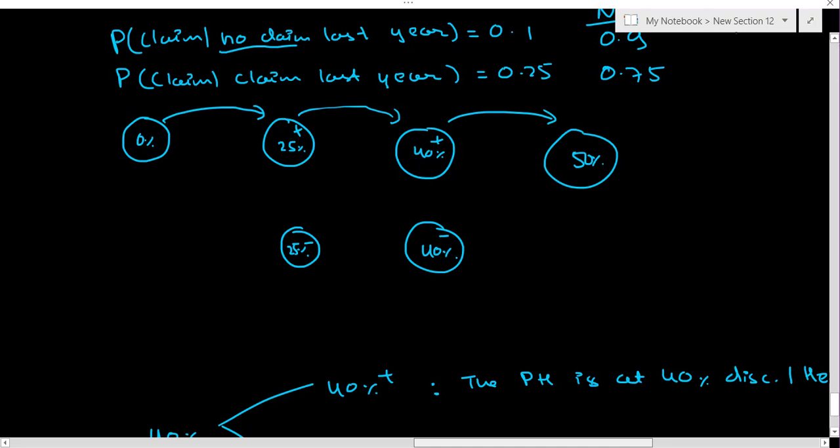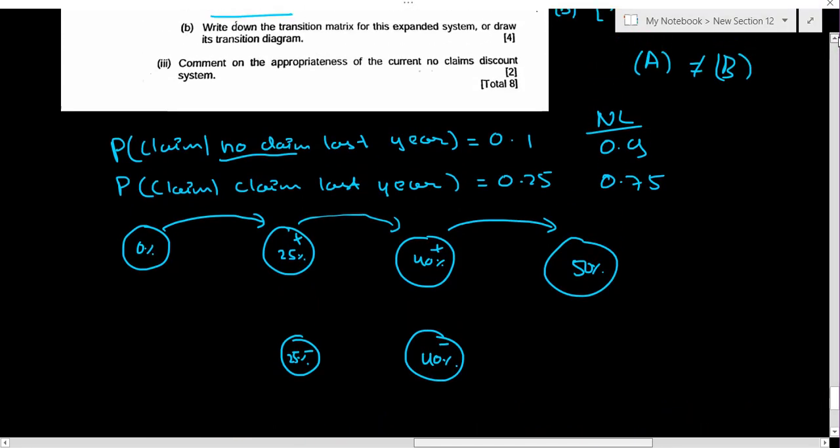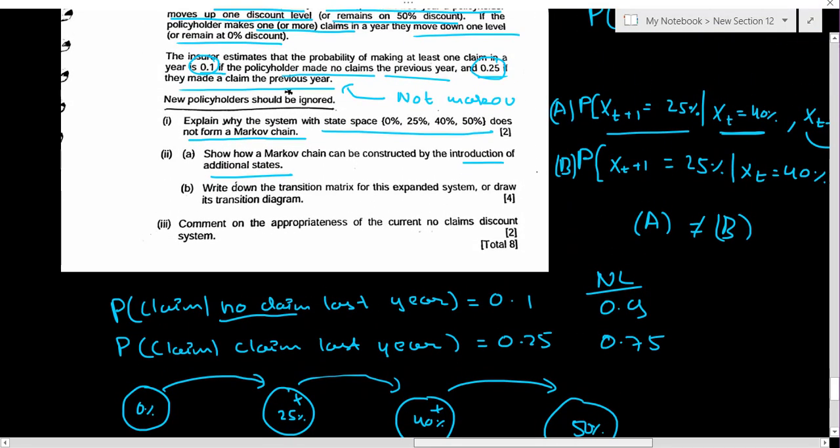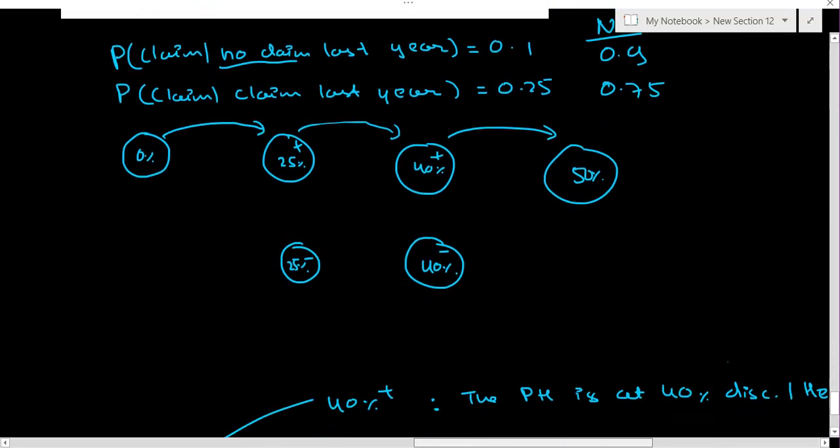Those cases can be ignored here because it is written in the question that new policyholders should be ignored. So if you are at 50%, it is sure that you did not make a claim last year, and if you are at 0%, you surely made a claim last year. So these are the only two states which do not need to be split, and the other states do.